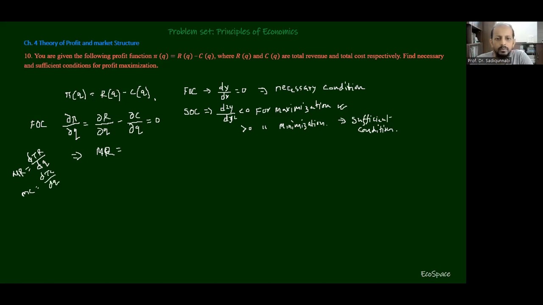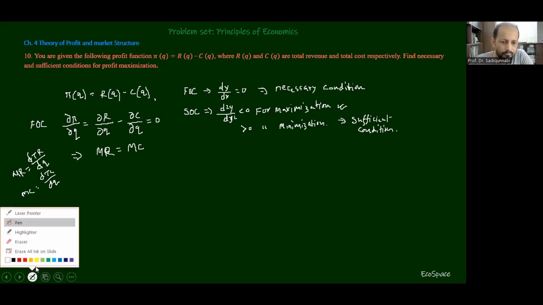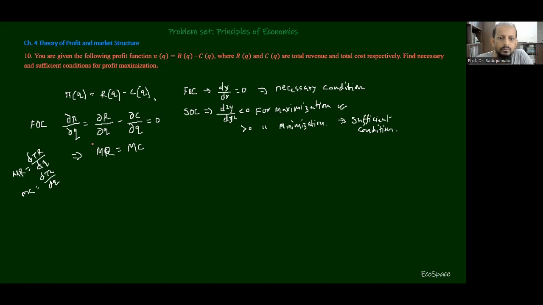So this is our marginal cost. So marginal cost should be equal to marginal revenue. So this is our first order condition.